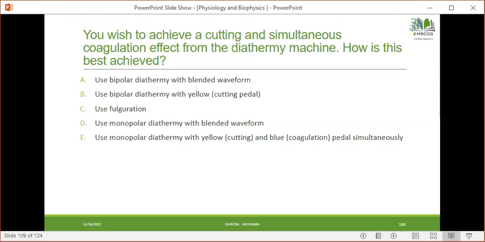Which one? The monopolar or the bipolar? Excellent, the monopolar.